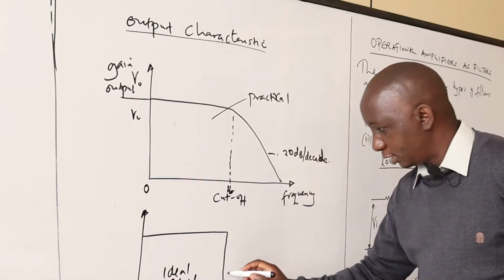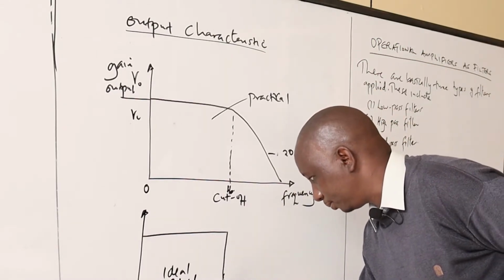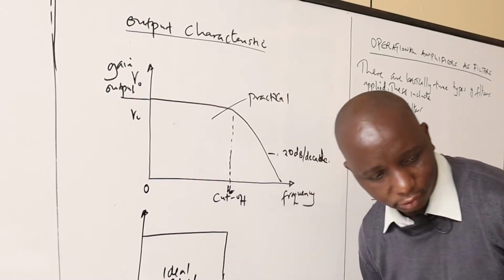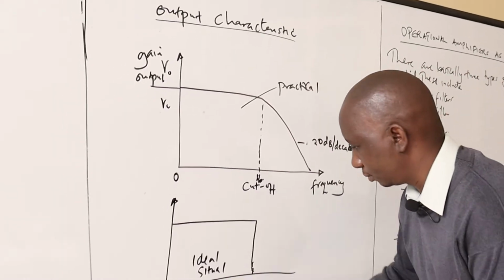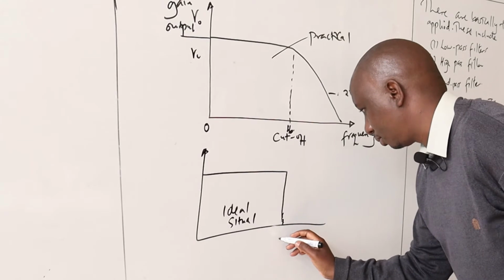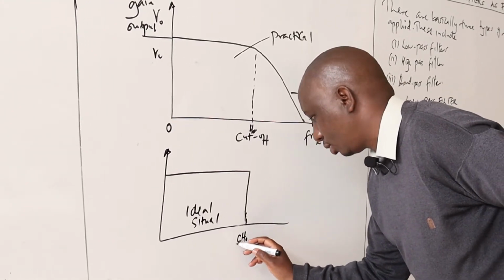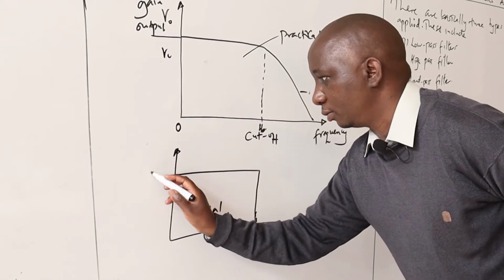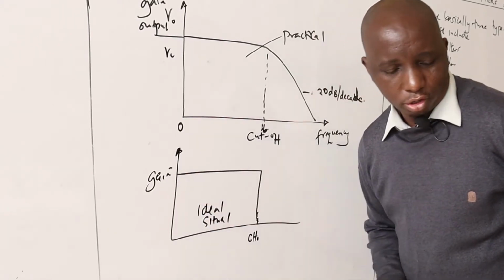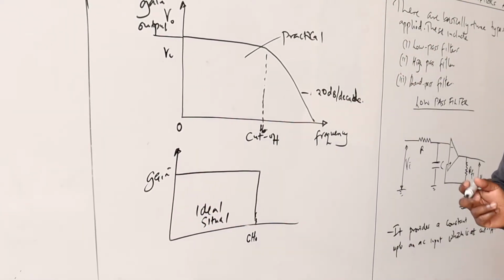So with the ideal, we shall have the cut off here. We shall have the cut off frequency, and we shall also have the gain here. So basically, this is what it is.